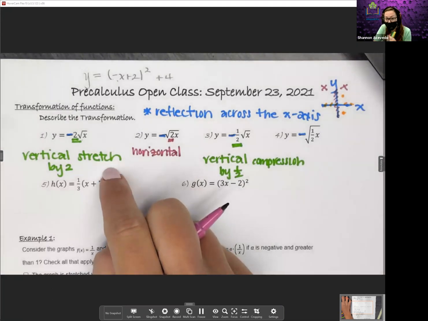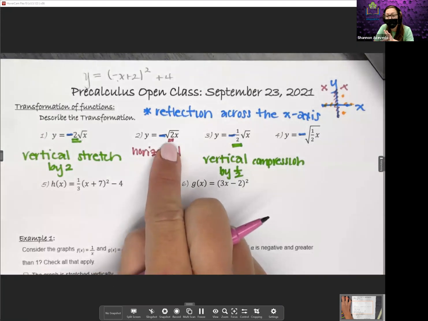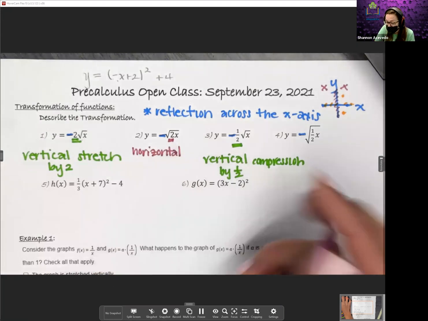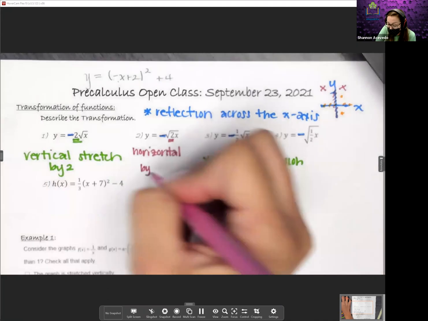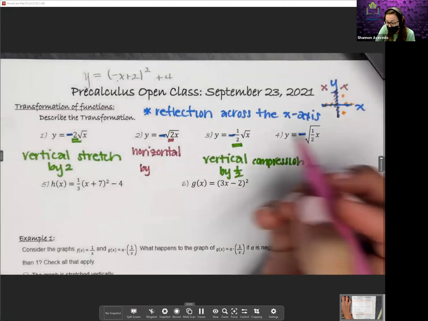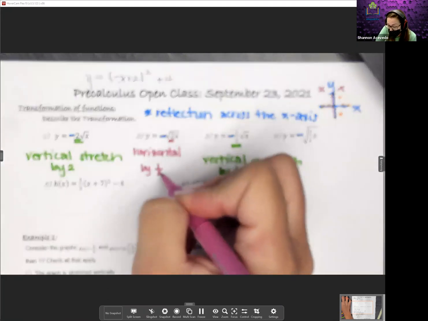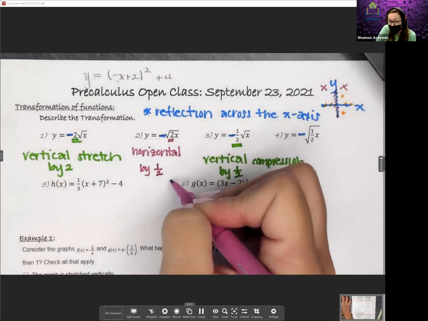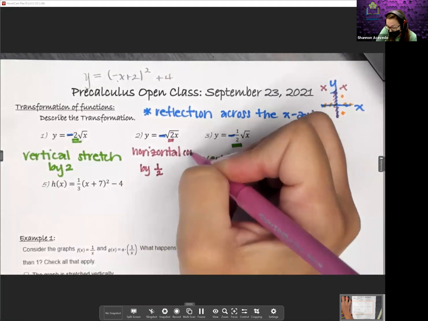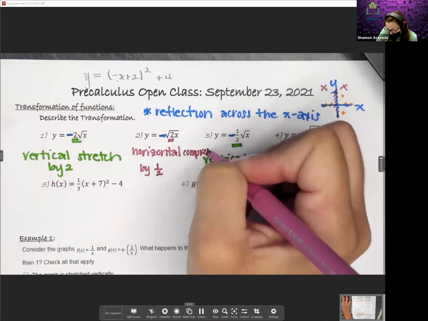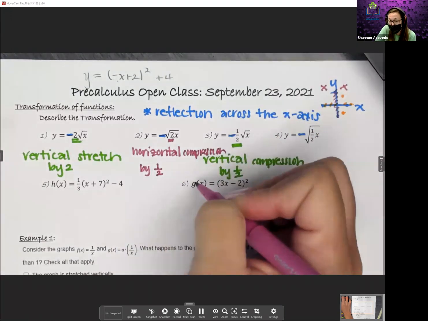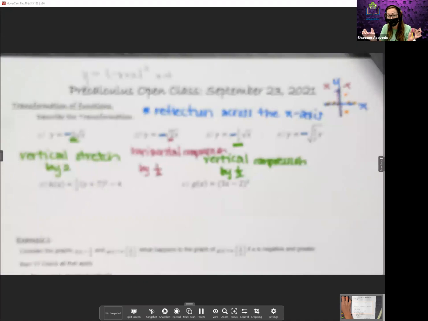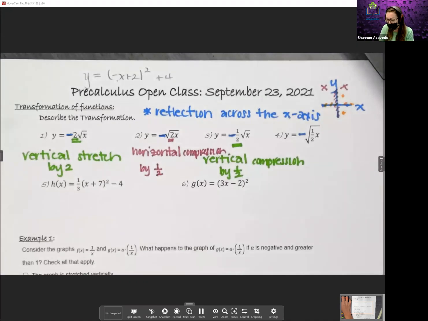No, it's the opposite, because when we look at these, we're actually looking at the reciprocal. So when I say by a value, how much it is going to be horizontal, it would be by the reciprocal. So by 1/2, and that value is less than 1, so it's a compression by a factor of 1/2. It's actually going to be getting thinner.